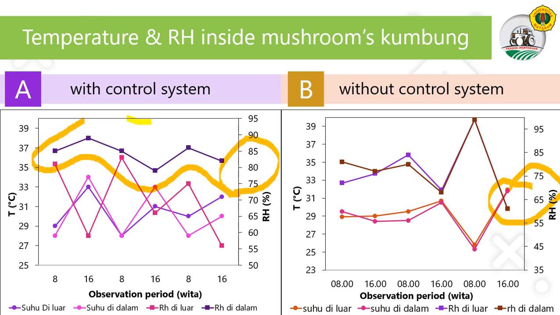So the control system successfully maintains the humidity inside the mushroom plant house, while the temperature is very fluctuative here, depending on the temperature outside the plant house.